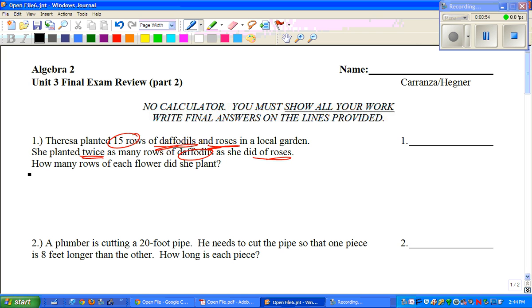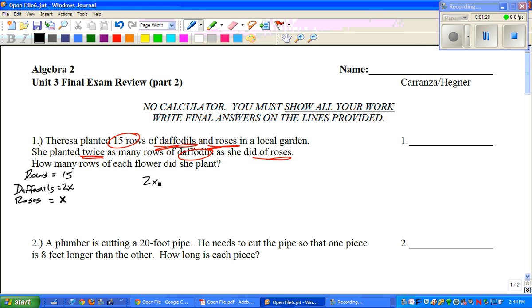So we need to know that she has a total of 15 rows, and she planted daffodils and roses. Now, they said twice as many daffodils, so we don't know anything about the roses, so we're just going to put X. But if there's twice as many daffodils, that means there's 2X.